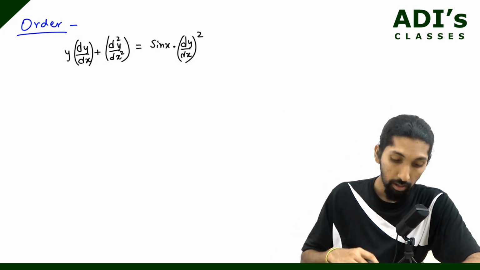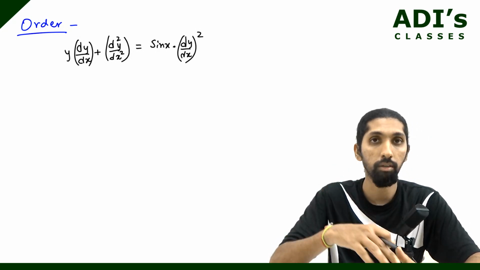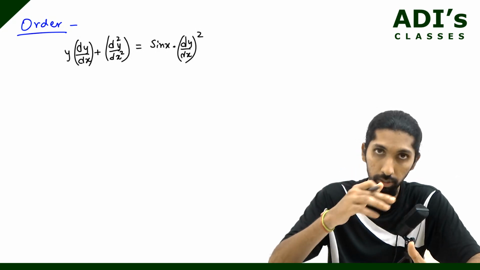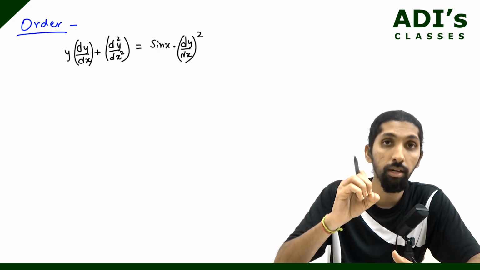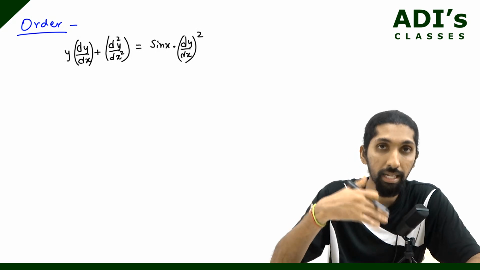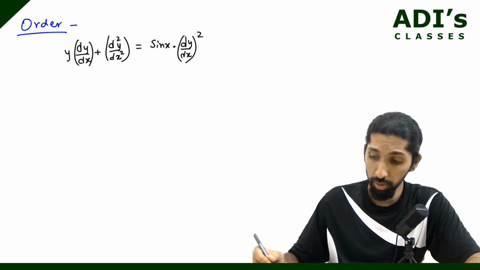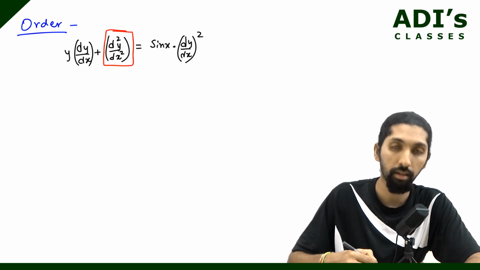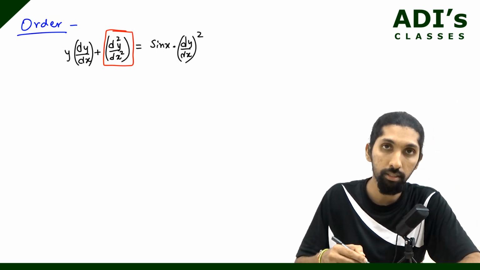That means whenever we talk about the order of a particular differential equation, we need to look at the equation in which the derivative has the maximum value. That means the maximum derivative. In this example, which one has the maximum derivative? This is d square y by dx square. Now this is a second order derivative, isn't it?